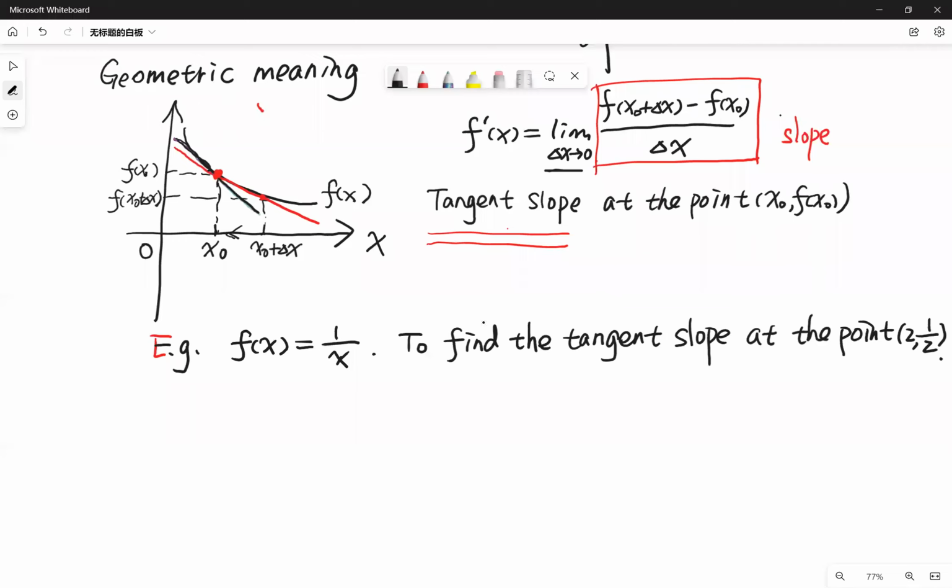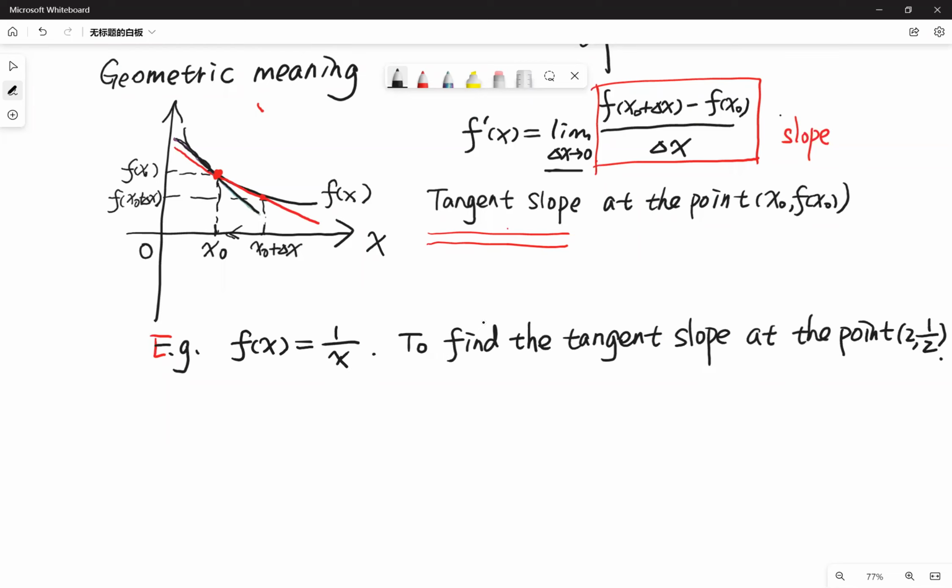So how can we get this tangent slope? It's f(x) minus f(x0) over x minus x0.